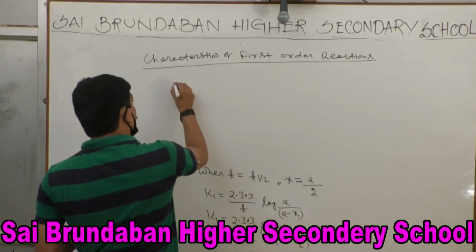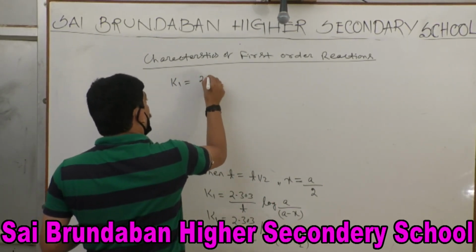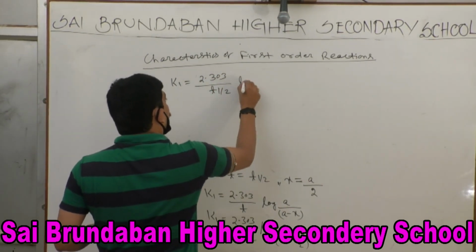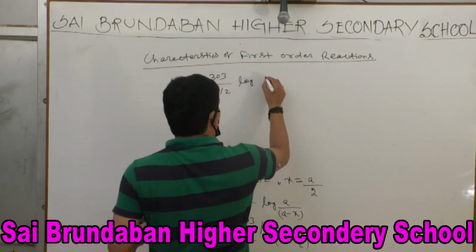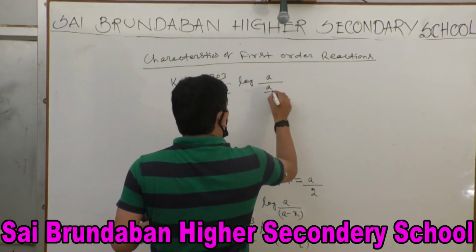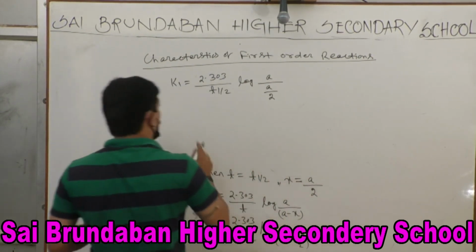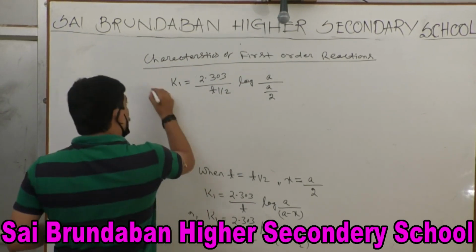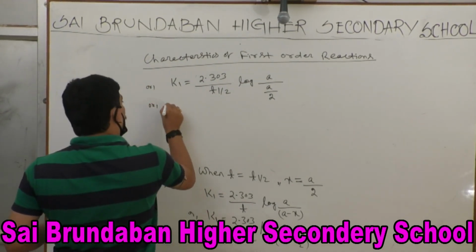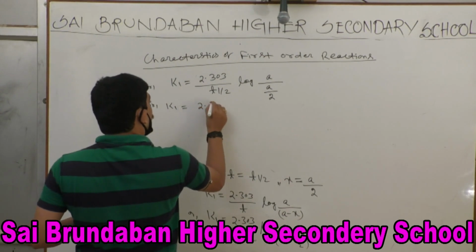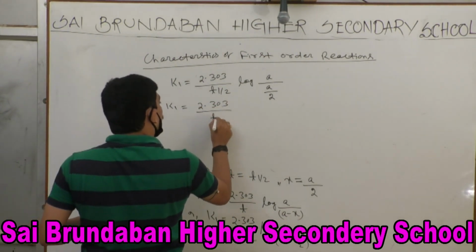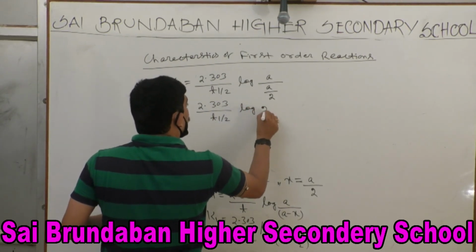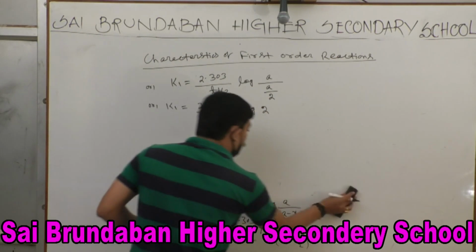Look at, K1 equal to 2.303 by T half log A by A by 2. So we can get K1 equal to 2.303 by T half log 2. Clear?